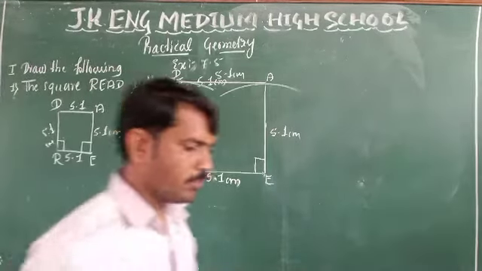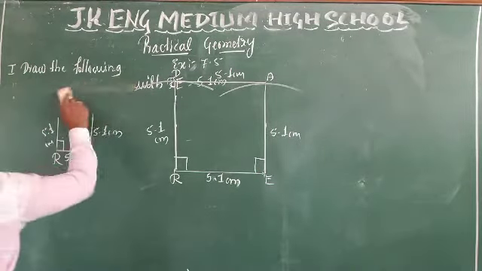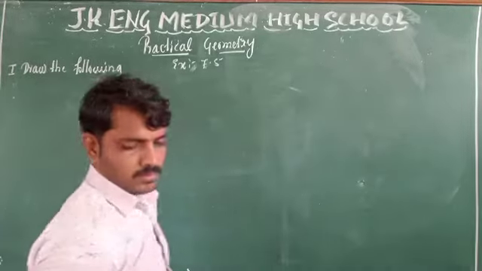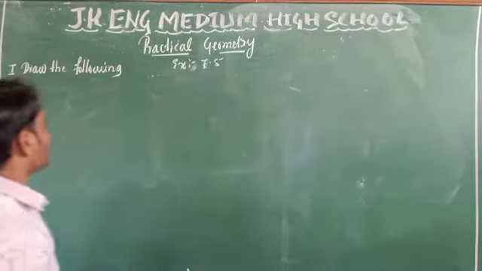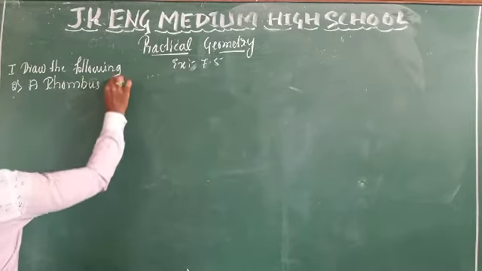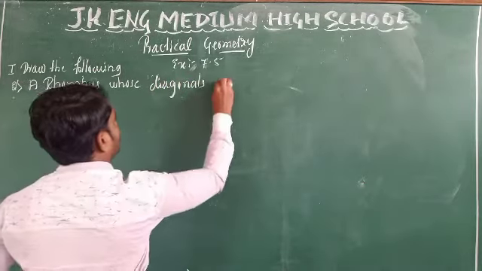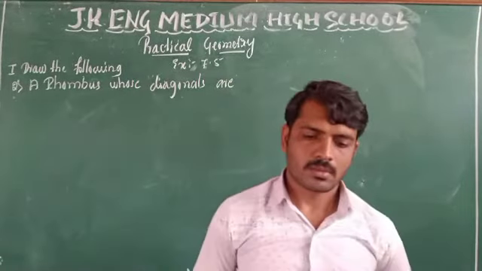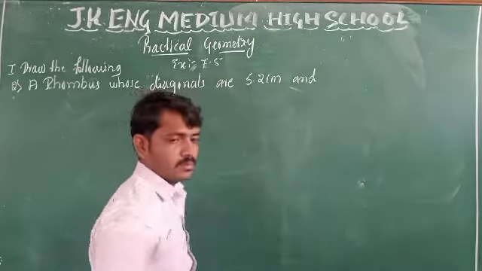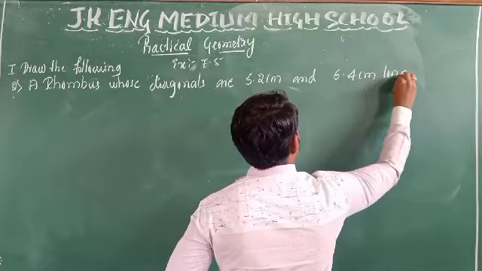Okay, children, shall we go for question number 2? Question number 2: a rhombus whose diagonals are, so what is the length of the diagonals? 5.2 centimeter and 6.4 centimeter long.